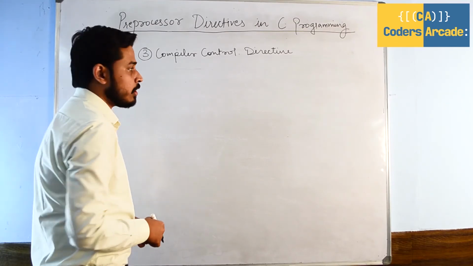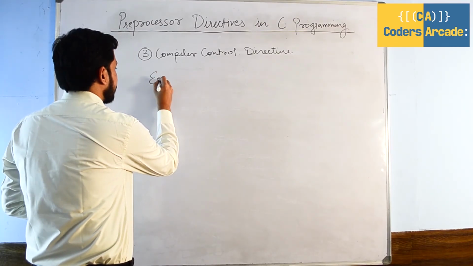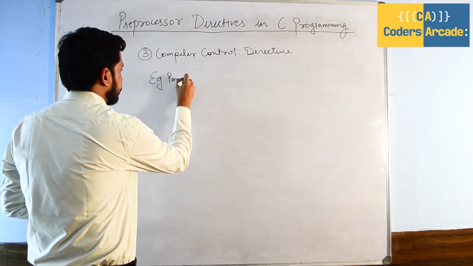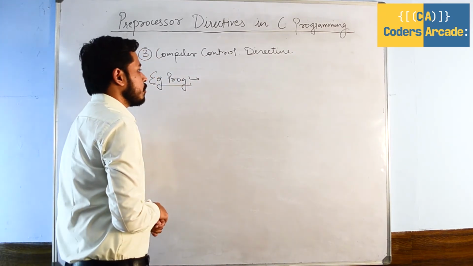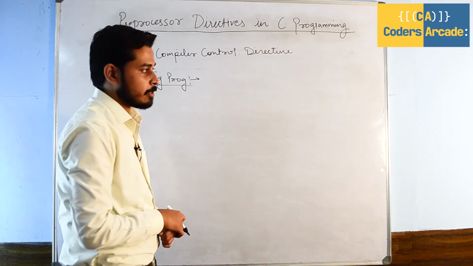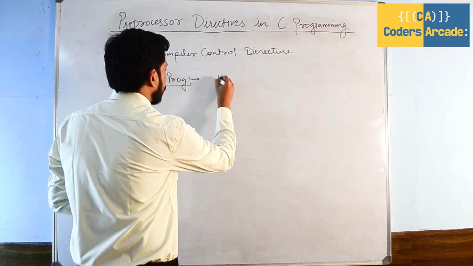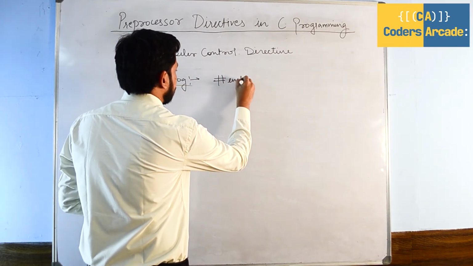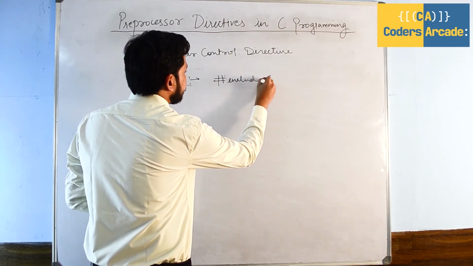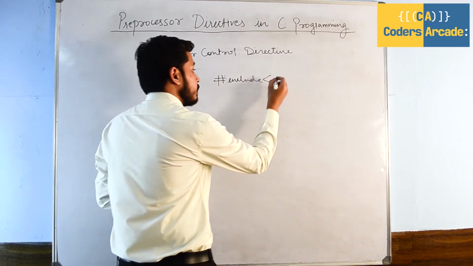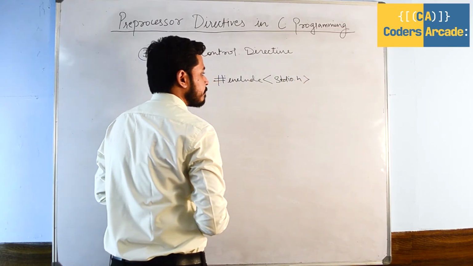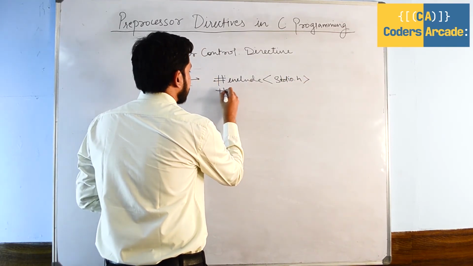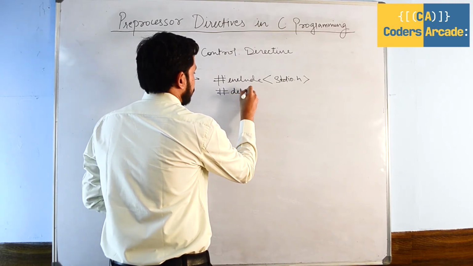So now let's see the example program for this compiler control directive. As usual, I will start my program with #include stdio.h. Then I will define a macro, so #define.